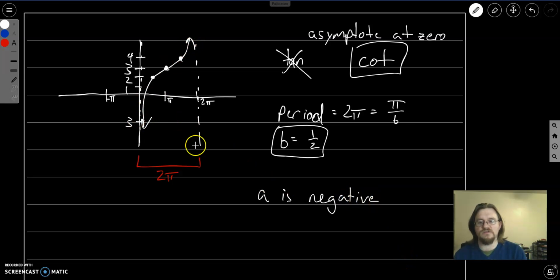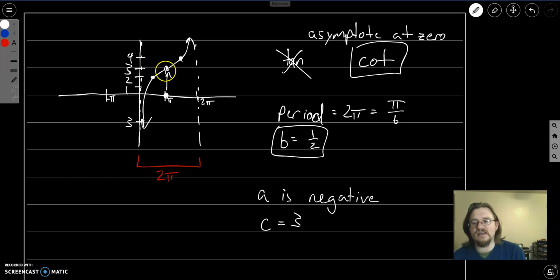Okay, so that's the first step. Also, we can see that halfway in between the asymptotes, a cotangent function should be at 0. But we have scooted up our cotangent function by 3. So we know that c is going to be 3.